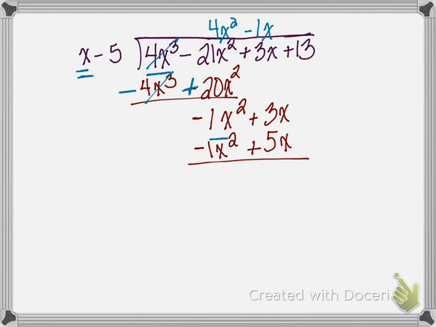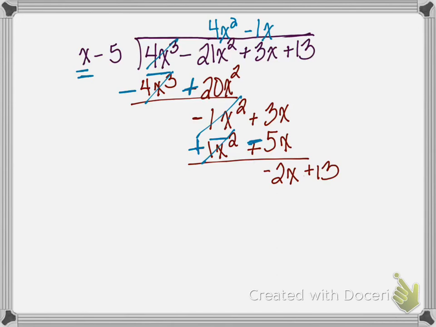And remember, we are subtracting. So when I subtract this, my signs are opposite. Okay? So I am left with negative 1x squared and positive 1x squared canceling. Then I've got 3 plus negative 5x, and that is going to give me negative 2x. Then I bring down my plus 13.